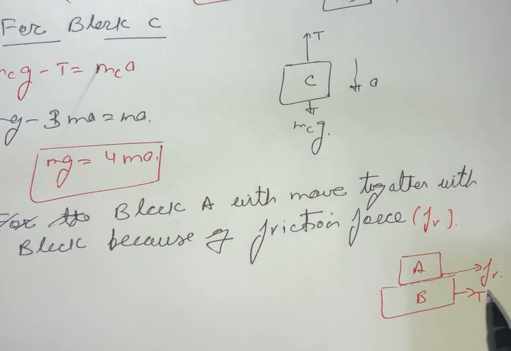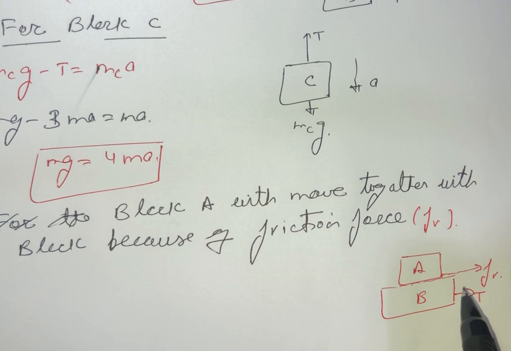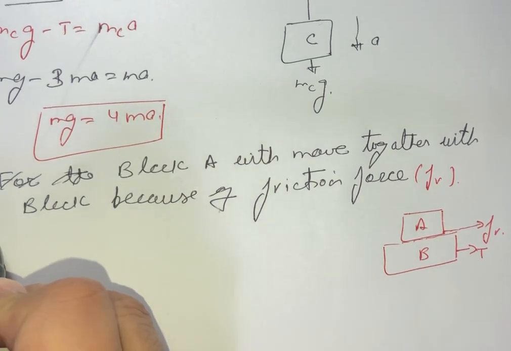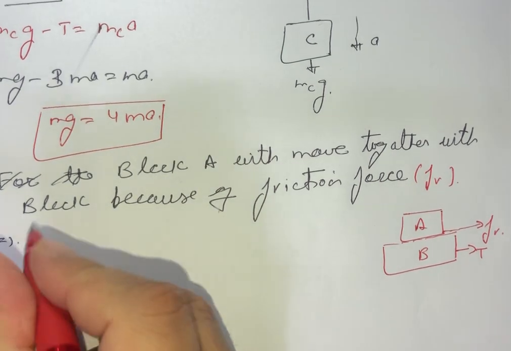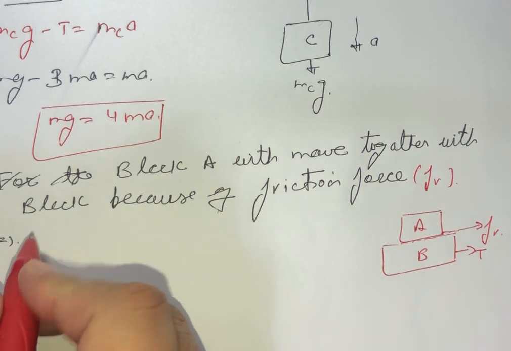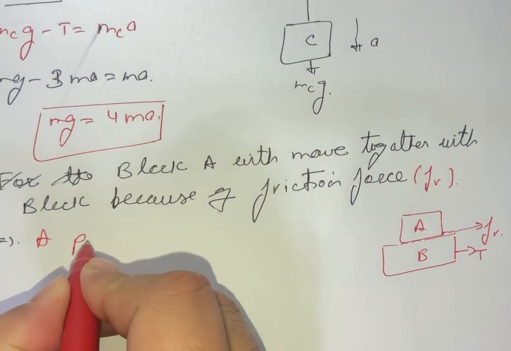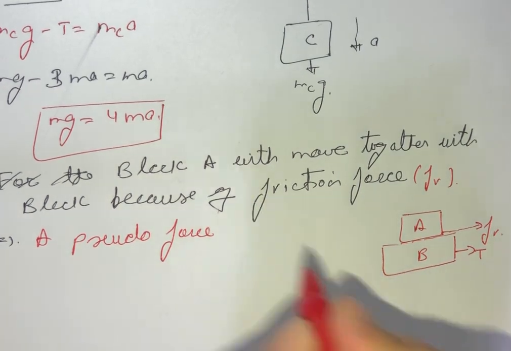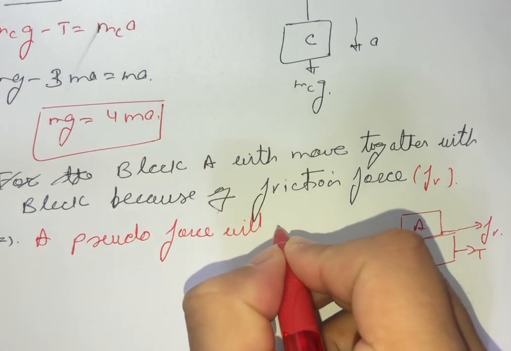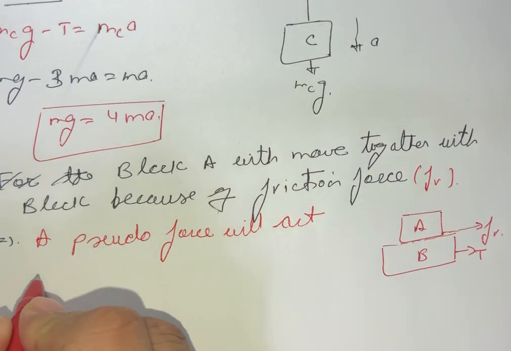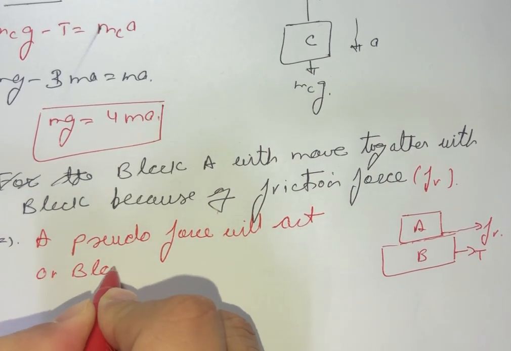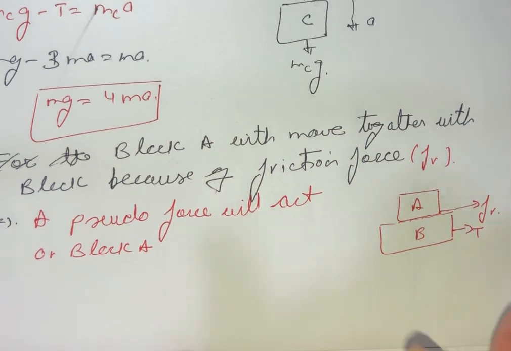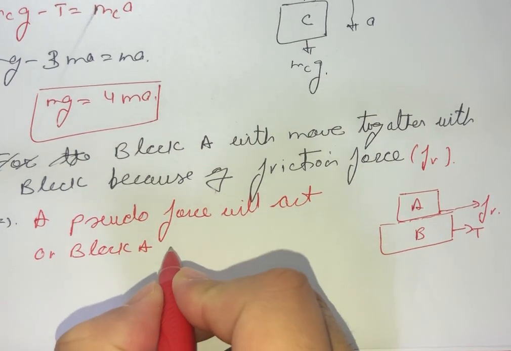Because of the force of friction towards the right side, there will be a pseudo force acting on block A. Therefore, a pseudo force will act on block A towards the left side.